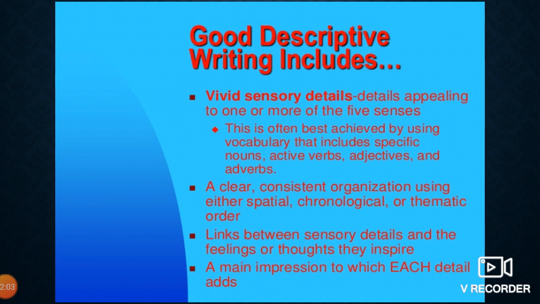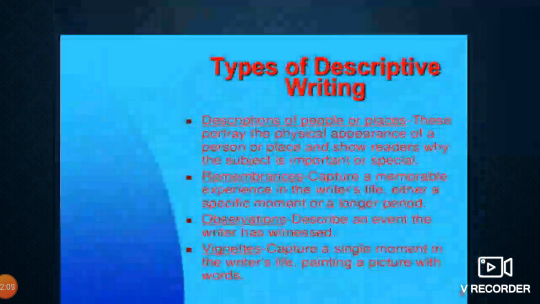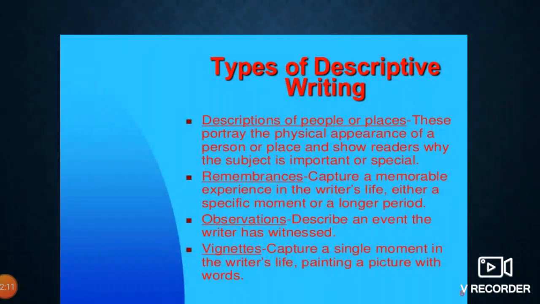And for that, a few types are there for descriptive writing. What are those? So, description of people or places. These portray the physical appearance of a person or a place and show readers why the subject is important or special.